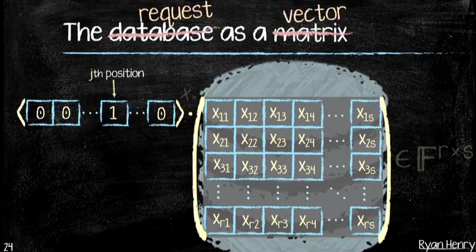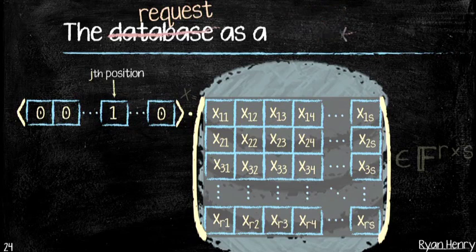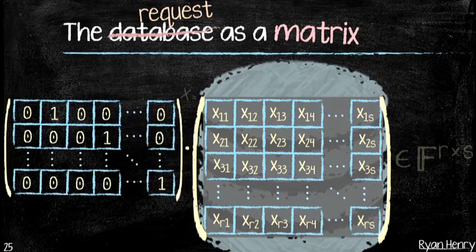The basic idea was we're going to take one of these standard basis vectors and multiply it by the matrix, but we're going to use secret sharing to split this computation up. If you wanted to fetch several blocks, you could send all of these requests simultaneously as one big long matrix. And now rather than doing a vector matrix multiplication, you're doing a matrix matrix multiplication.